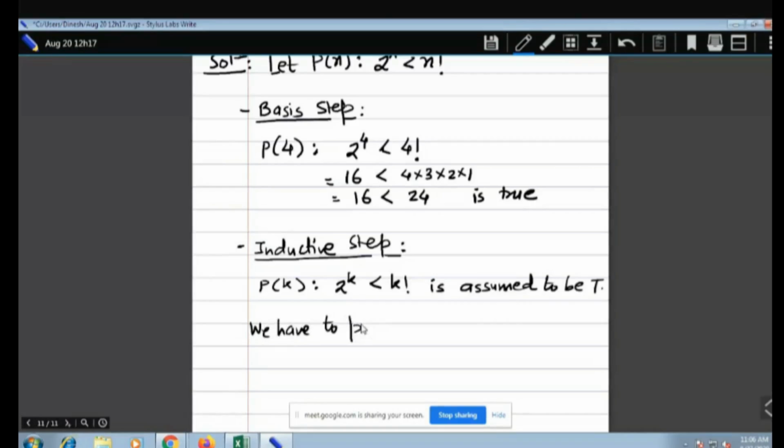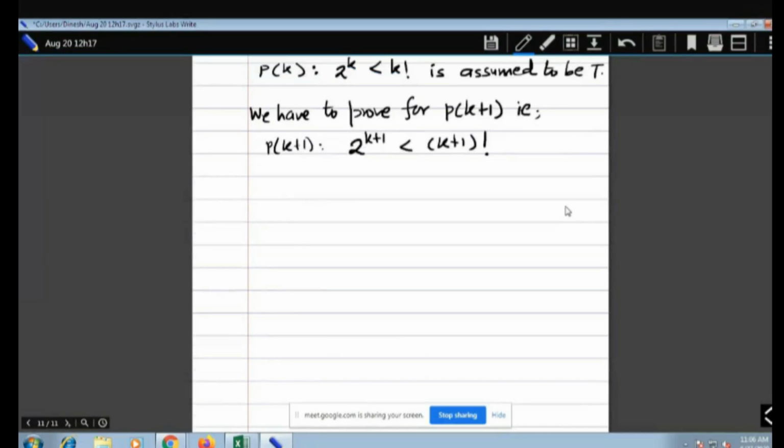We have to prove for p k plus 1. That is, prove for p k plus 1, which is nothing but 2 raised to k plus 1 less than k plus 1 factorial. Okay, sounds good.